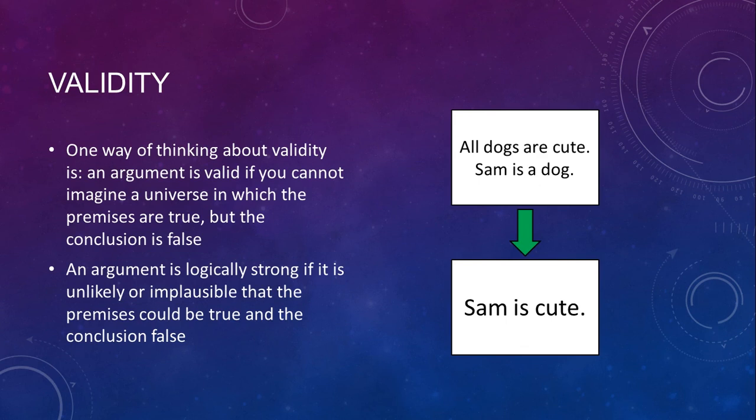So if you cannot imagine a universe in which the premise turns out to be true, but the conclusion turns out to be false, there's a good chance you're looking at a valid argument. So: all men are mortal, Socrates is a man, therefore Socrates is mortal. There's no possible world in which those first two things are true and the third thing turns out to be false, right?